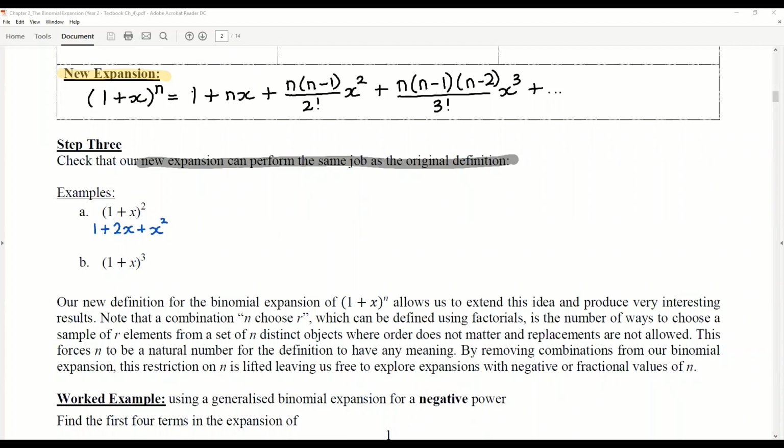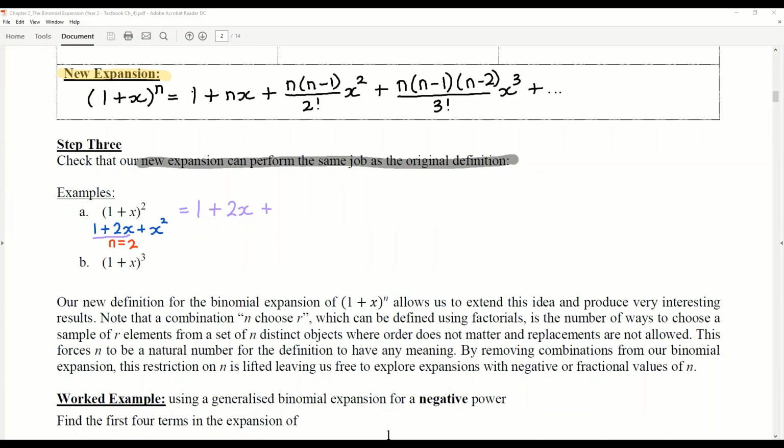Now let's have a look at this using our new result. So clearly in this case, n equals 2. And I've jotted down the answer in blue, just underneath 1 plus x all squared. Now let's see if this works. So 1 plus x all squared is going to equal 1 plus nx, that's 1 plus 2x. So we can see here the first two terms check out. So we're expecting an x squared, aren't we?